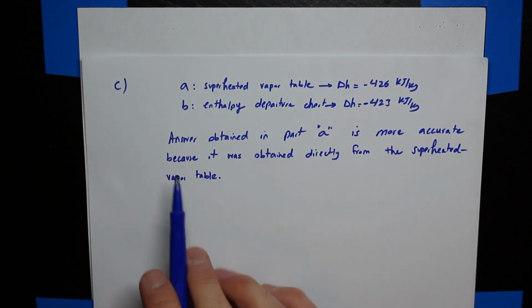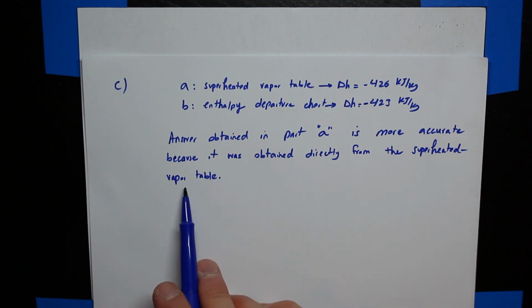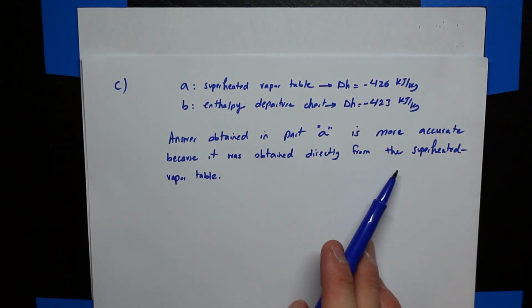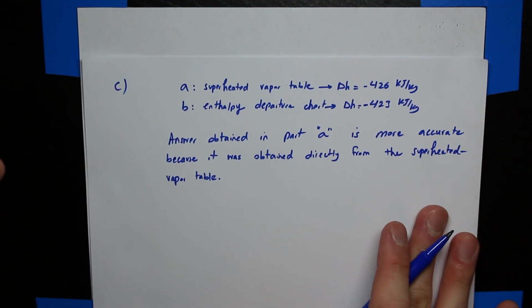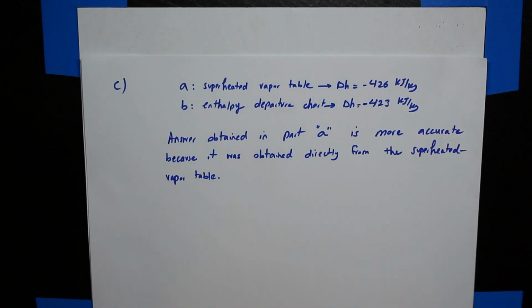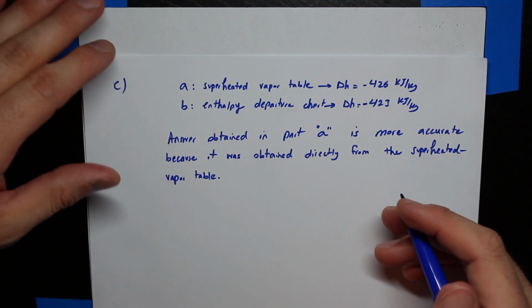So here I mentioned the answer obtained in part A is more accurate because it was obtained directly from the superheated vapor table. The thing is, in that table, we are looking at not only the pressure but also the temperature. So that means there is no approximation done in that particular table. Steam at that certain pressure and that certain temperature has this much enthalpy.